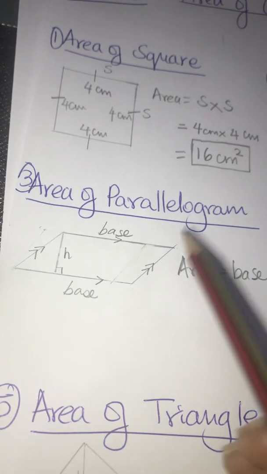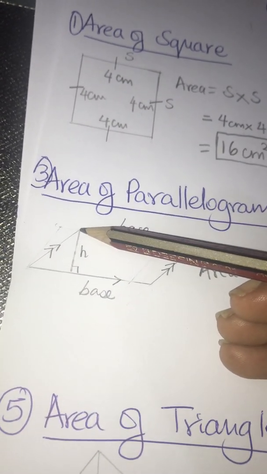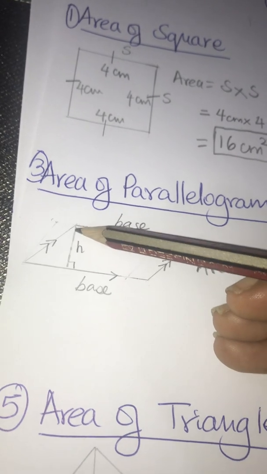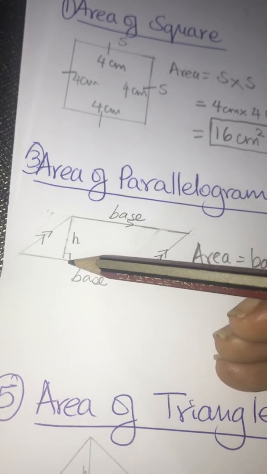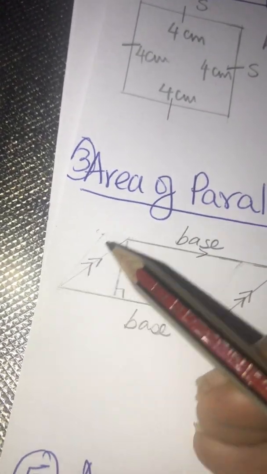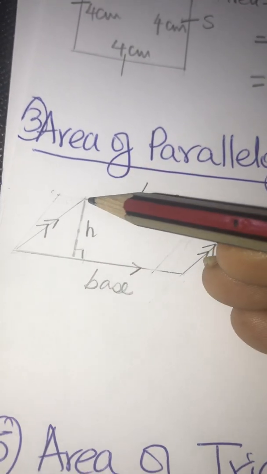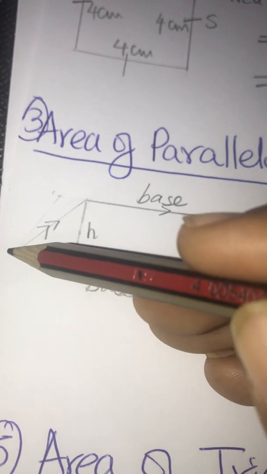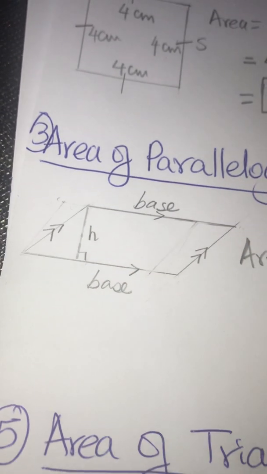Don't use the short side as the base. And then the height is from one vertex to the other base. So that line that is perpendicular, that makes a 90-degree angle, is what we are calling the height. Don't choose this small side that is diagonal and call it the height. The height has to be vertical. It has to be perpendicular to the base. That means it makes a 90-degree angle, okay?